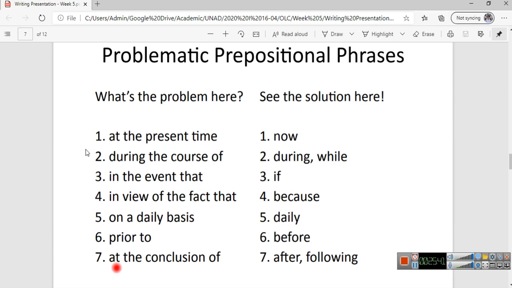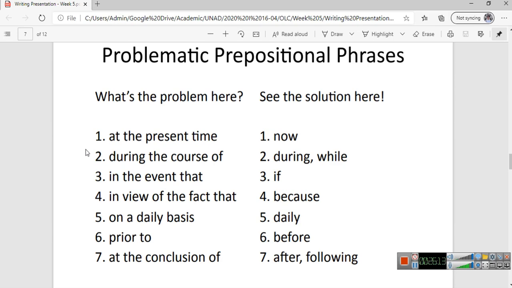Very well. Now, Laura, please read the solutions. Now, during, while, if, because, daily, before, after, following. Very well, thank you. Now, what do we see here? Well, we're talking about not only prepositional phrases but also transitional phrases that we use to talk about more information.